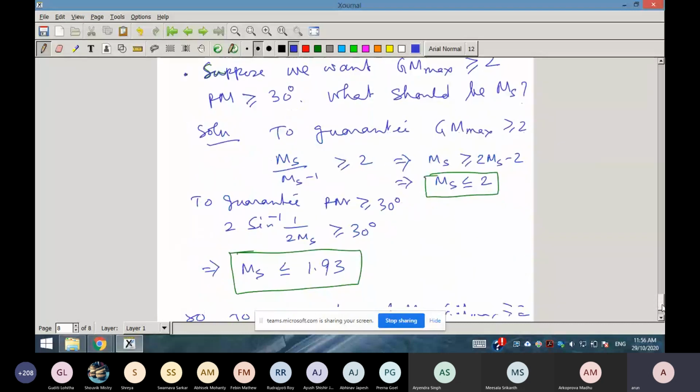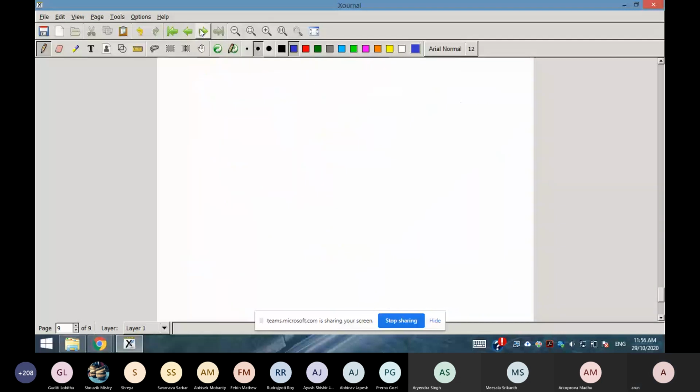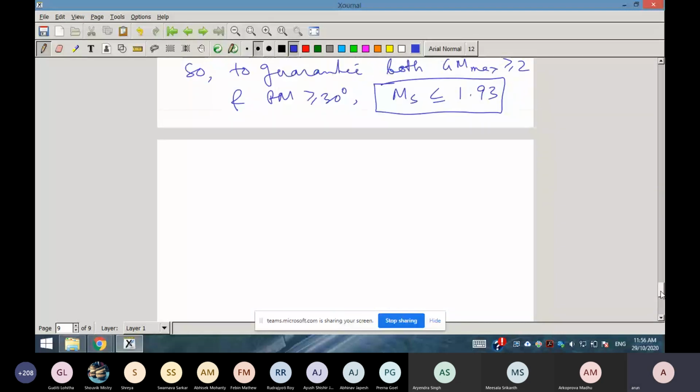So this is your conclusion: a smaller value of Ms, at least less than 2, guarantees good GM and PM.